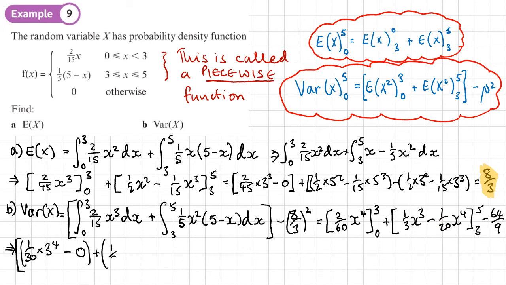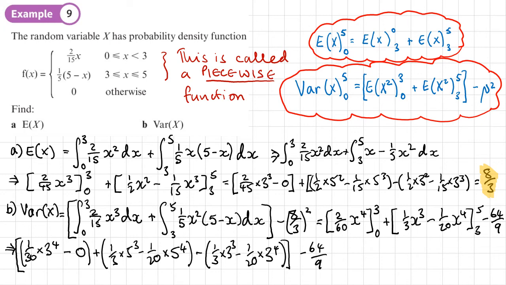So we'll have 1/3 times 5 cubed minus 1 over 20 times 5 to the power 4, and then we're going to subtract 1/3 times 3 cubed minus 1 over 20 times 3 to the power 4, and then subtract our 64 over 9.